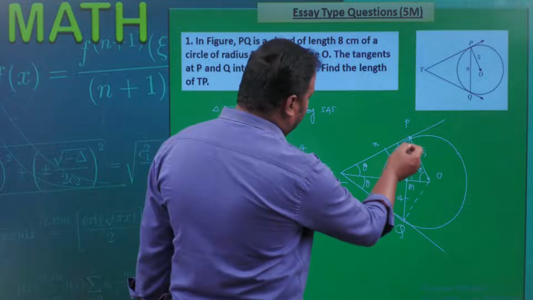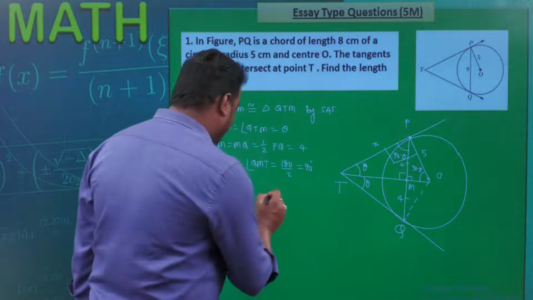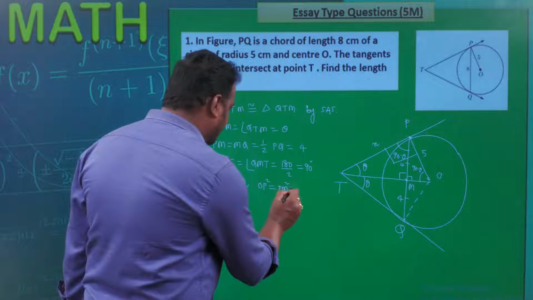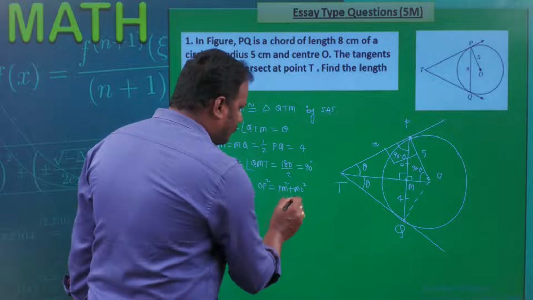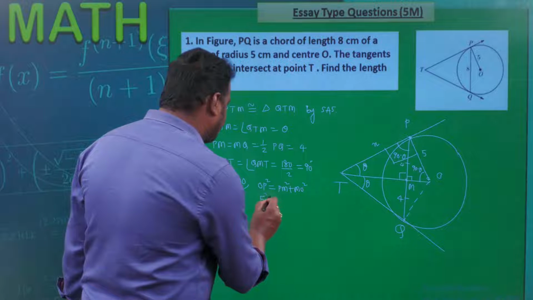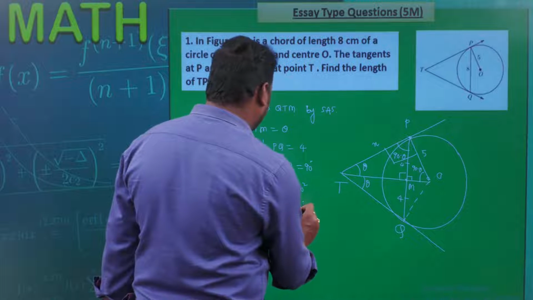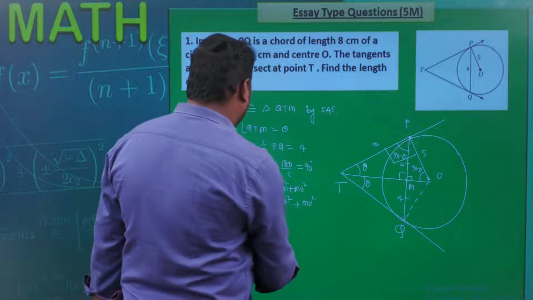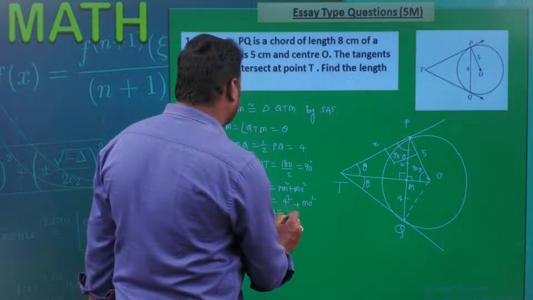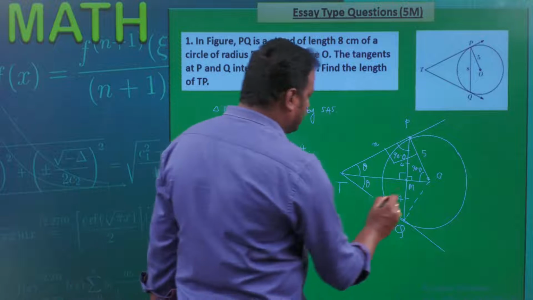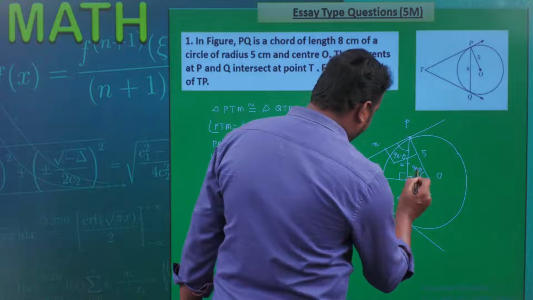So OP square is equal to PM square plus MO square. OP is equal to 5. So 5 square is equal to PM square, which is 4 square, plus MO square. Therefore, we can say that MO is equal to 3 centimeters. So this is 3 centimeters. I am writing directly there.